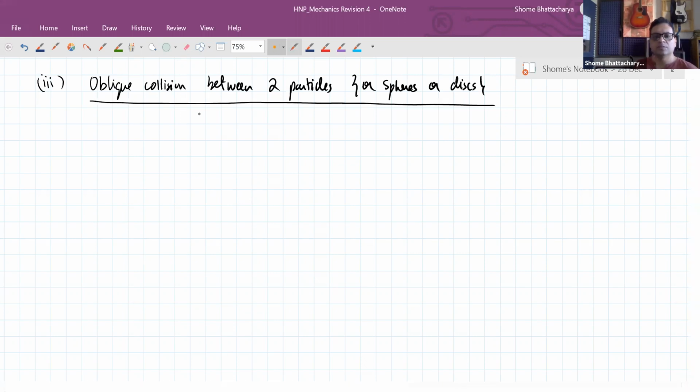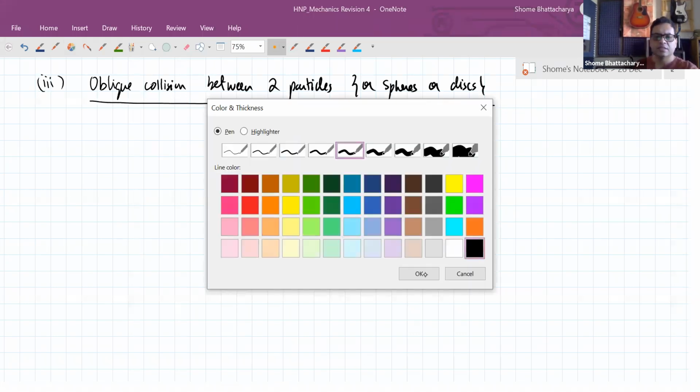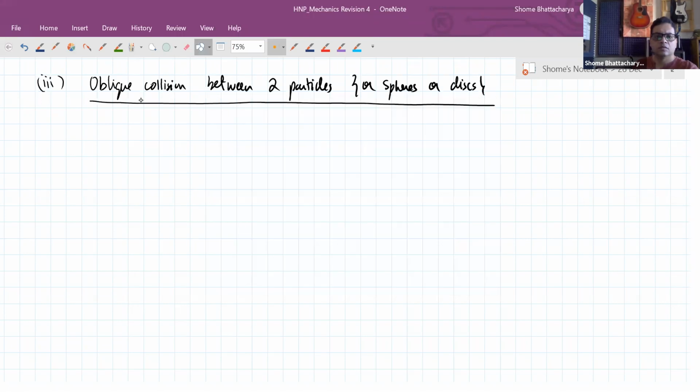So the general concept, but in particular, if we have a situation like this where we are considering one of them to be at rest initially, then there is a sort of a general method we can develop.